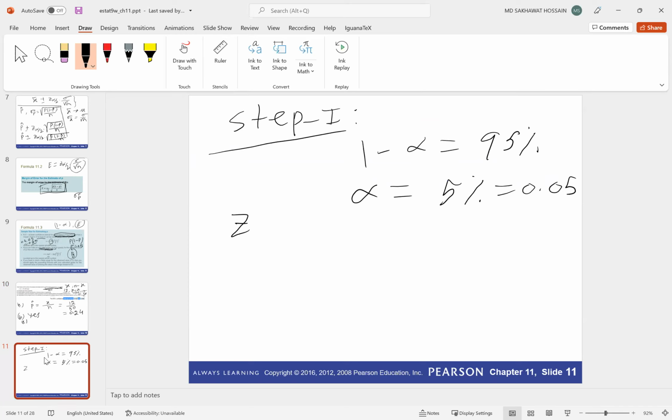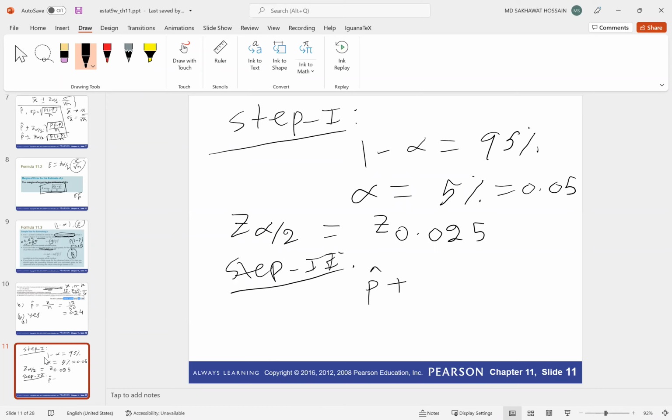Then you need to calculate z alpha over 2, which is z 0.025. Then you need to use this formula: p hat plus or minus z alpha over 2 times the square root of p hat times 1 minus p hat over n.